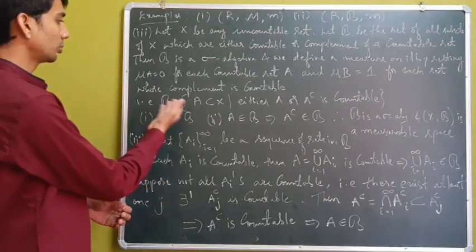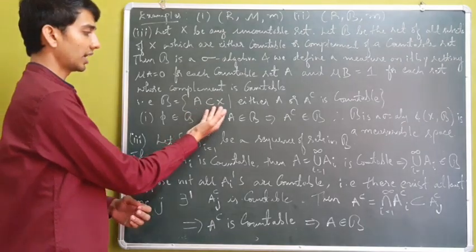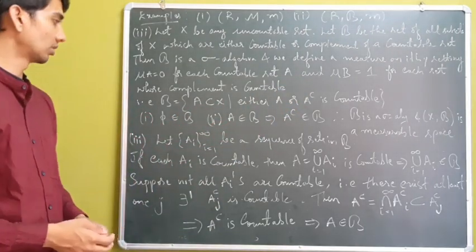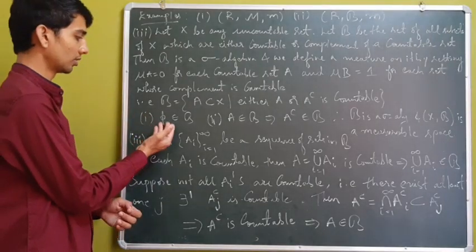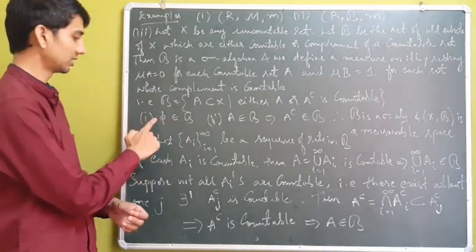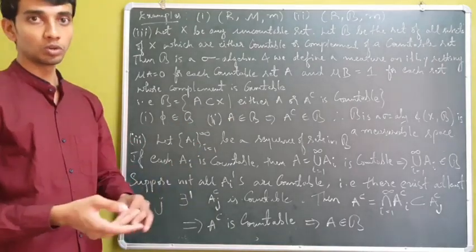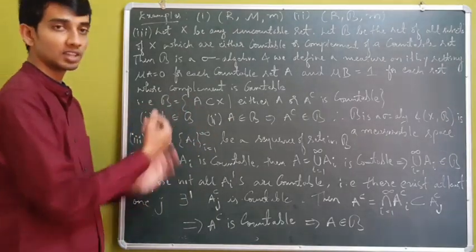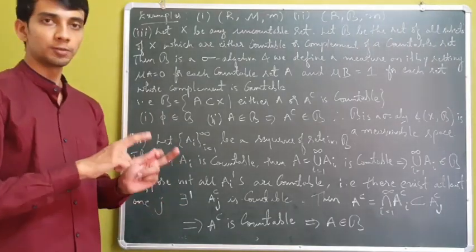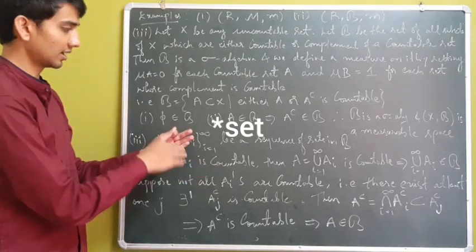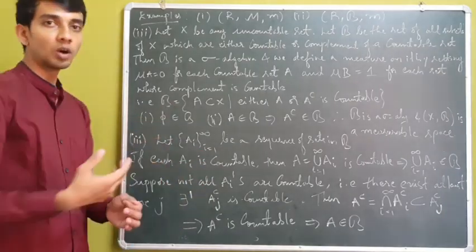So we have B to be the collection of all subsets A of X such that either A is countable or its complement is countable. First, the empty set is in B as the empty set is countable. Next, to prove B is a sigma algebra, I need to prove that if I take an element in the collection, its complement is in the collection, and that it is closed under countable union.